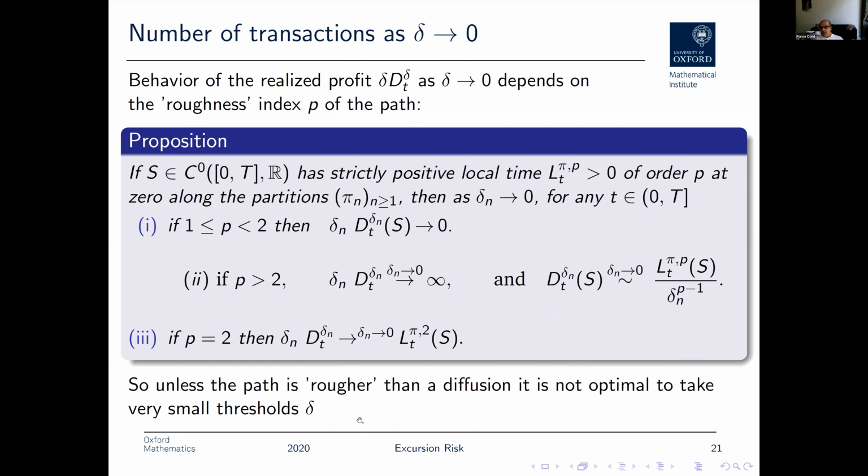Okay, so now I'm going to show how this applies to paths of different stochastic processes, and then how it applies to high frequency data, and what values of roughness index we find in these examples.